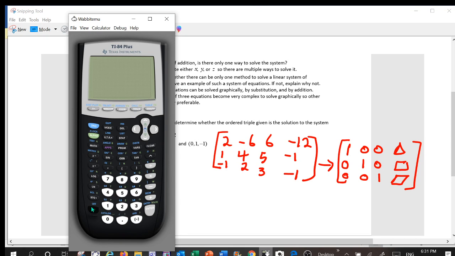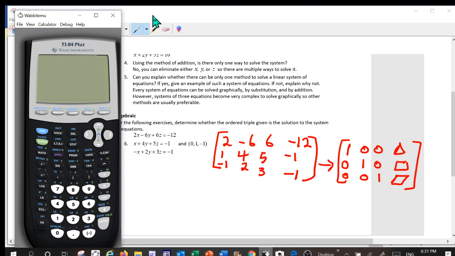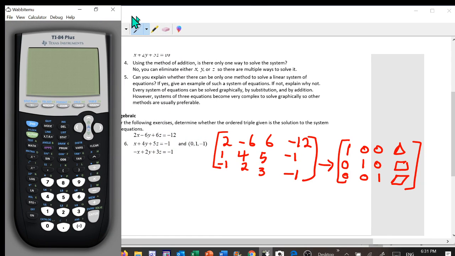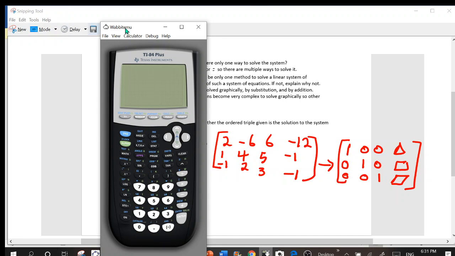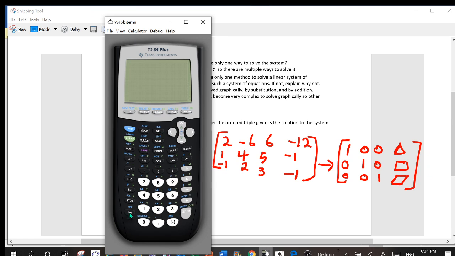So we are going to turn it on and go to matrices, go to edit, pick the first one.